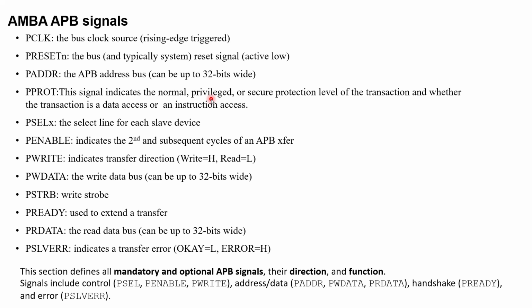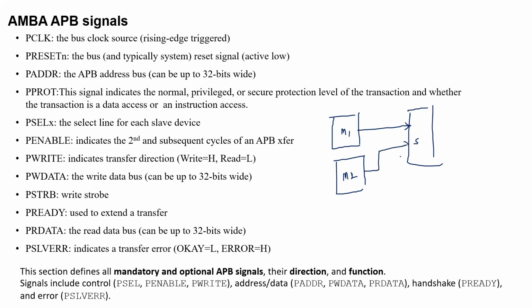Normal access means a normal operation, like the write and read operations we are doing. Privileged access means, suppose one master is communicating with a slave, and another master comes into the picture and wants to communicate with the same slave.